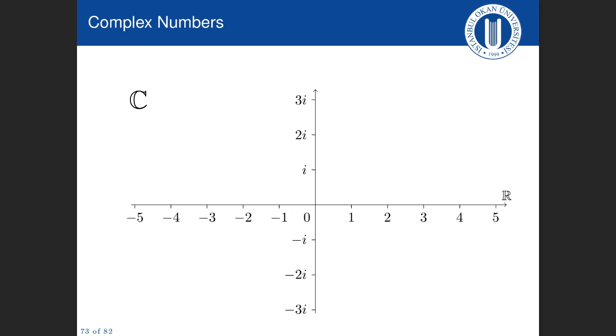And then every other point in the two-dimensional plane we can think of as a complex number. For example, 2 plus i is here in the plane. Minus 3 plus 2i, we can think is here. i, 0, 4, minus 2i, we can again imagine as points in the two-dimensional plane.